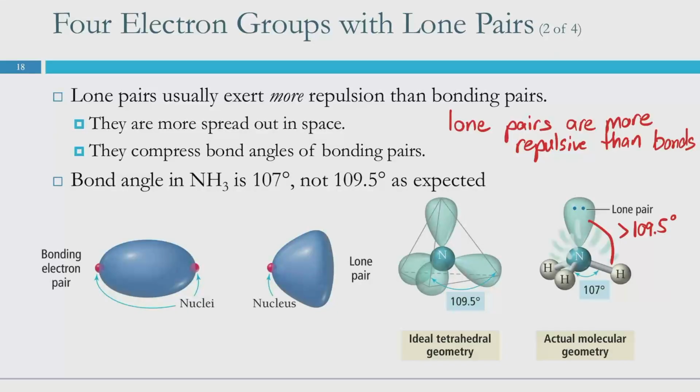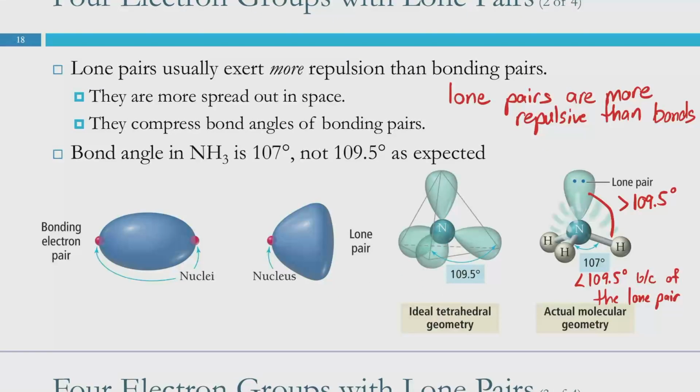And then between our other groups would be less than 109.5. The lone pair is taking up extra space. It's pushing those groups to be closer to each other, compressing that bond angle.